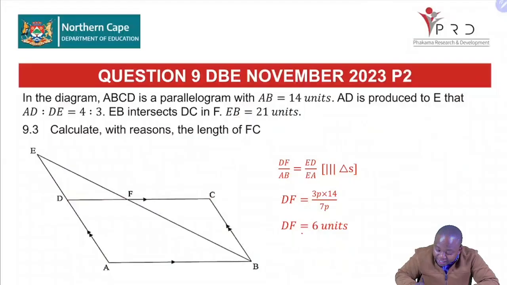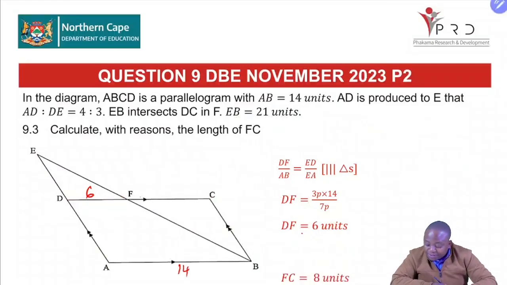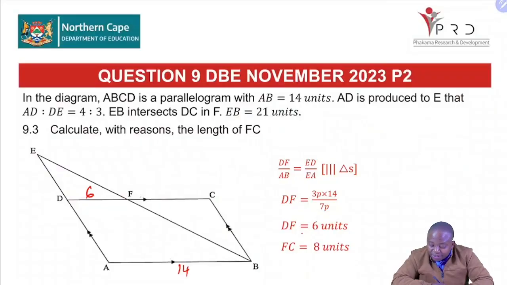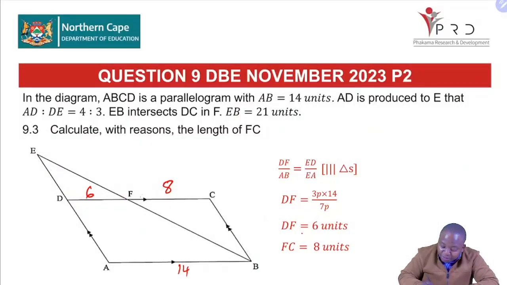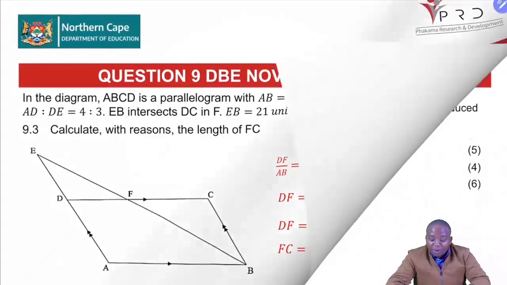After finding my DF at 6 units, remember, we are told that AB is also 14. Now, how do we find FC? Then we know that our FC is going to be 14 minus 6, which is 8, because both sides must be equal as we're having a parallelogram.